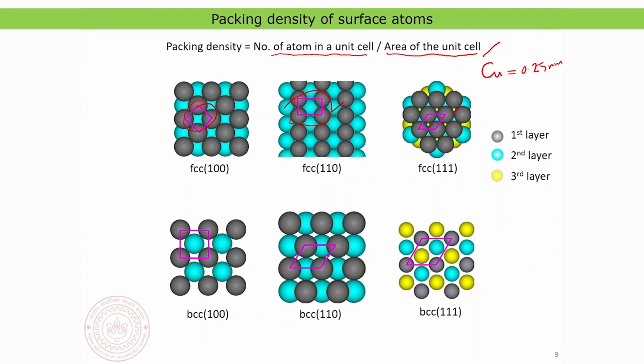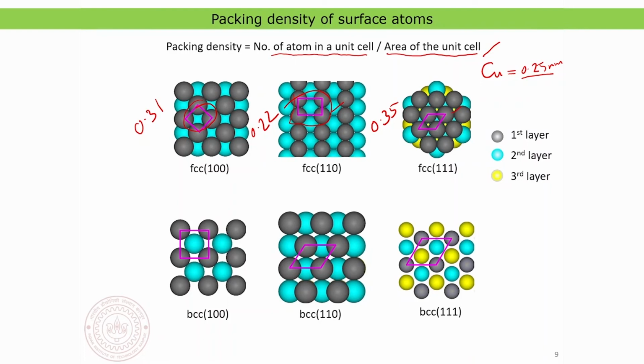If I use the bulk lattice parameter 0.25 nanometer of copper, then I can calculate the FCC 100 packing density, and that comes out to be 0.31, and for FCC 110 that comes out to be 0.22, and for FCC 111 that comes out to be 0.35. Now you see clearly that the FCC 111 surface is the highest packing density surface.